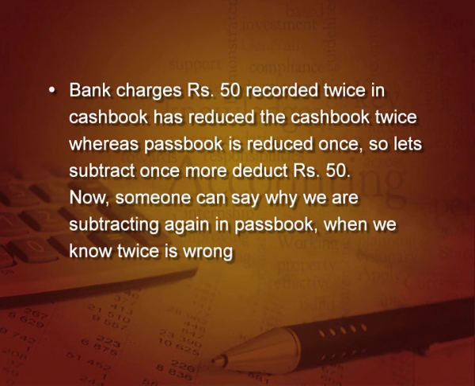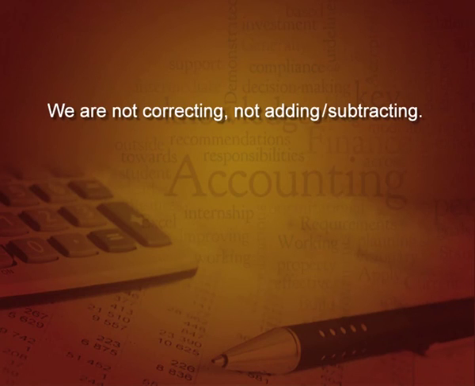Now, someone can say why we are subtracting again in the passbook when we know that twice is wrong. So, let us understand one simple thing. We are not correcting, we are not adding, we are not subtracting anything from the books.